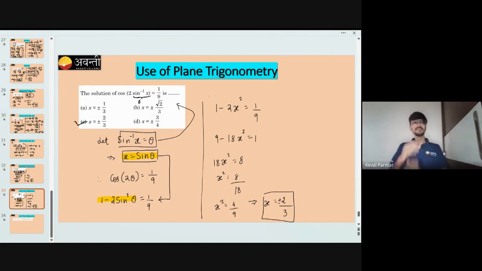We will be starting with a very interesting chapter and the basis of calculus. It is called limits. We will understand what limits are and how they work from tomorrow.